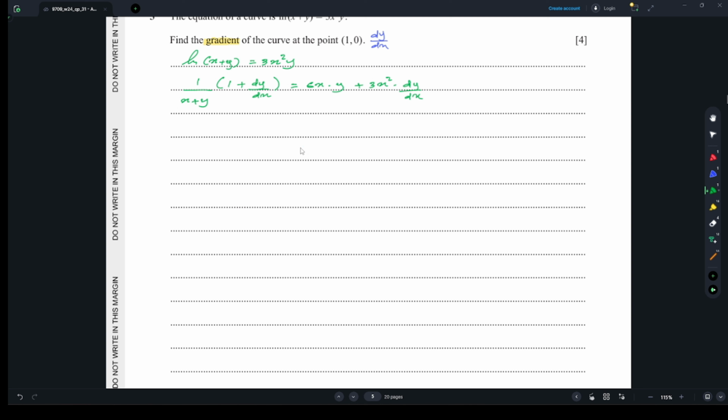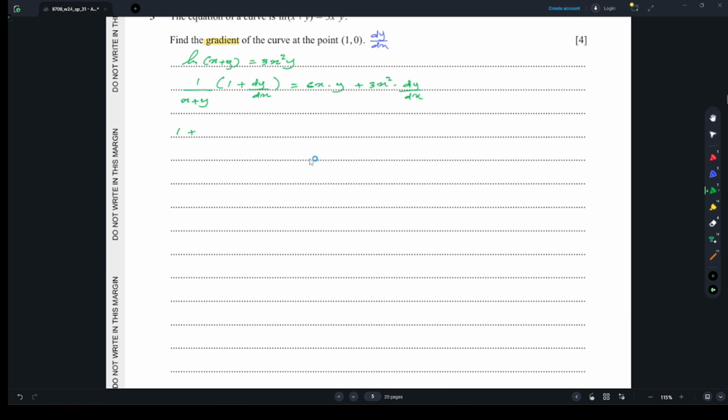So by simplifying, you have to make dy/dx the subject. Here we have a denominator x + y, so I will multiply everything by (x + y).